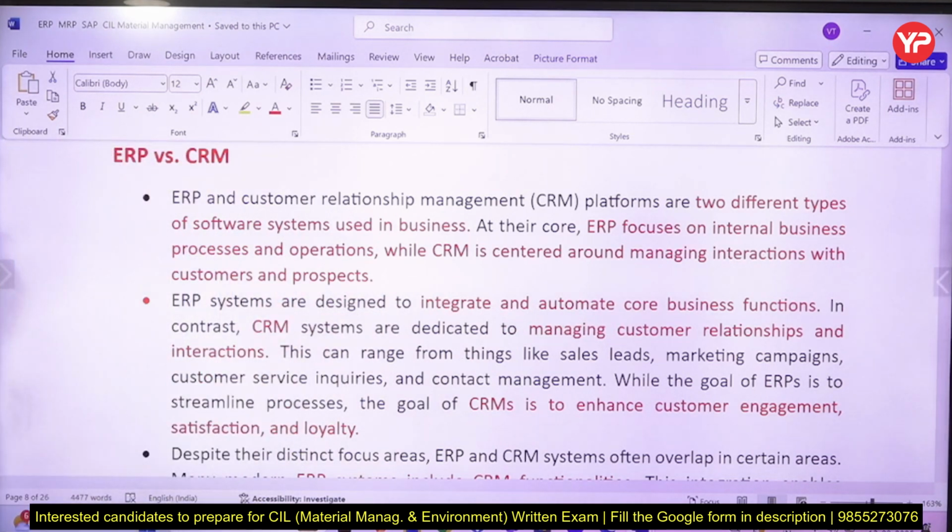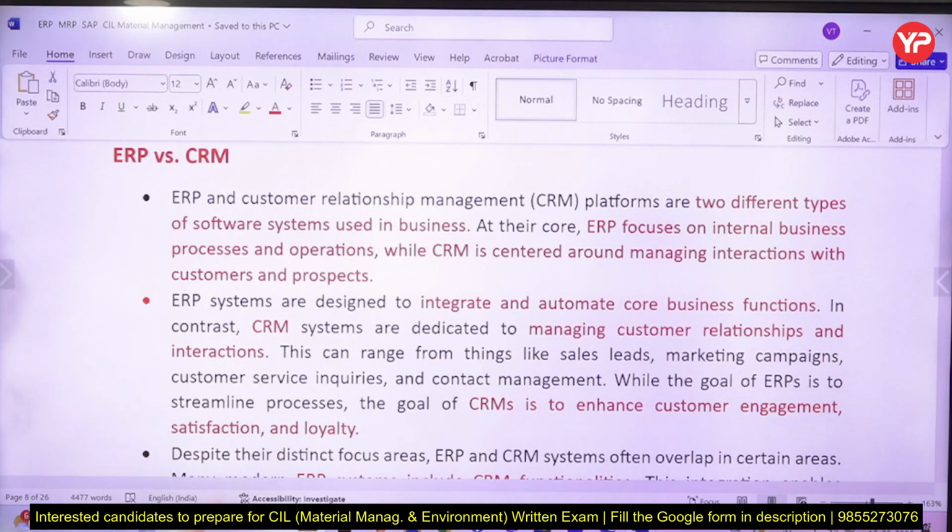So the customer is outside the organization, right? Though CRM becomes a part of ERP, ERP is all about the internal departments of the organization. So integrating and automating core business functions, that is ERP, whereas CRM is dedicated to managing customer relationships and interactions.